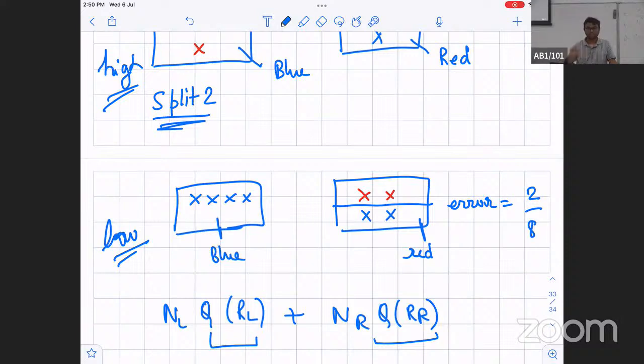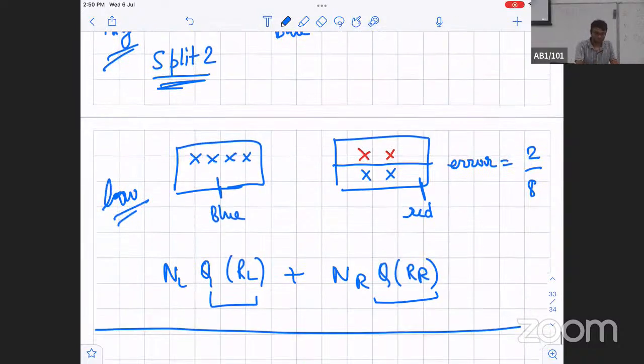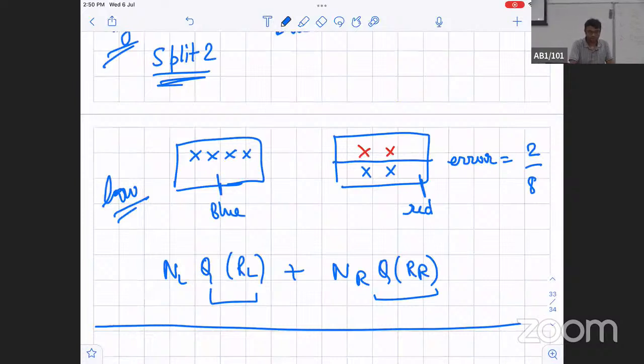For each feature you will look at a split and at the impurity of the region. NL times QL plus NR times QR is the impurity of the split. You try every split and take the one which is minimum. Then you look across all the features and see which has the minimum. That is your first split. Then you continue like this, the same thing that you did for regression.